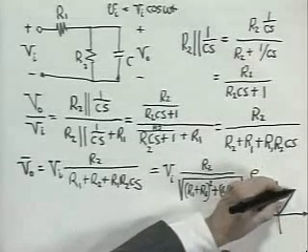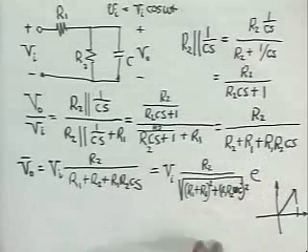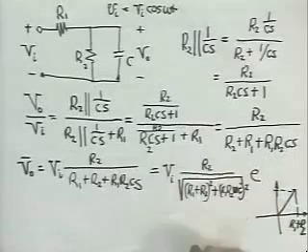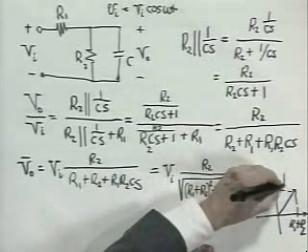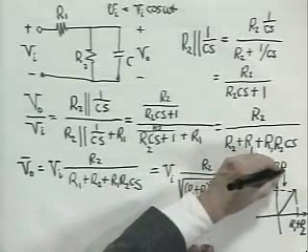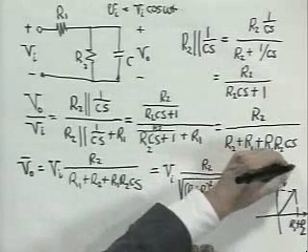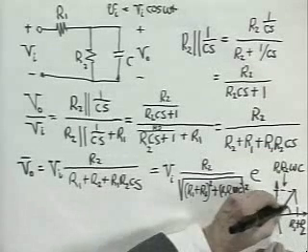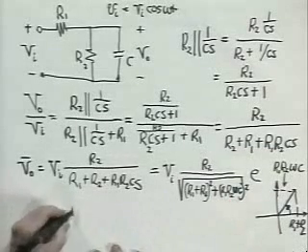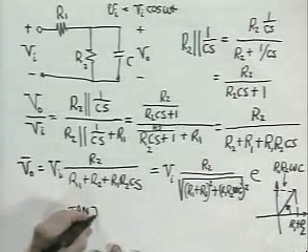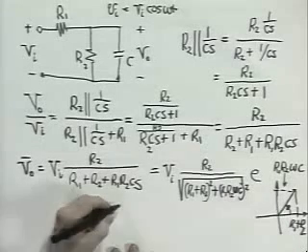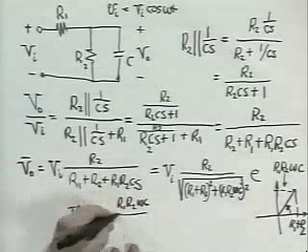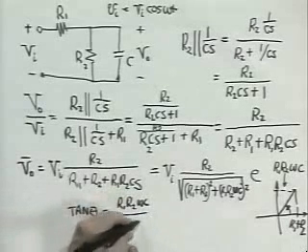This is a complex number, a vector whose real part is R1 plus R2, and whose imaginary part is R1 R2 omega C. So the angle that goes with that, this angle, is the angle theta, the tangent of which is R1 R2 omega C over R1 plus R2.